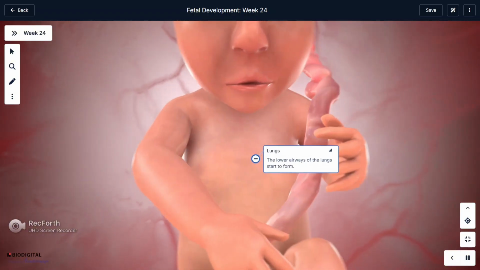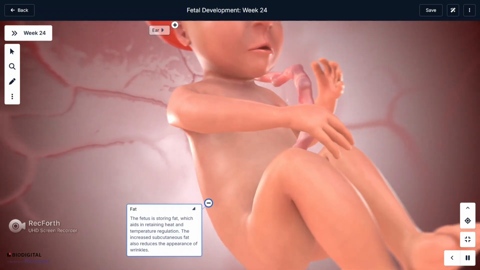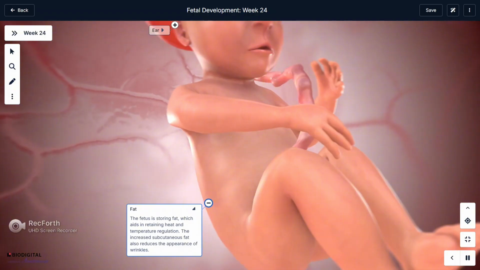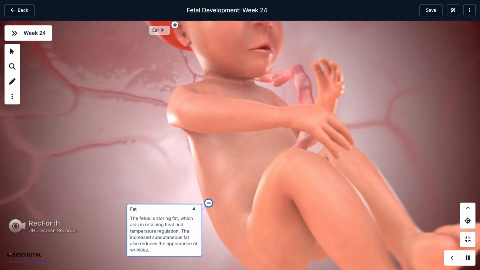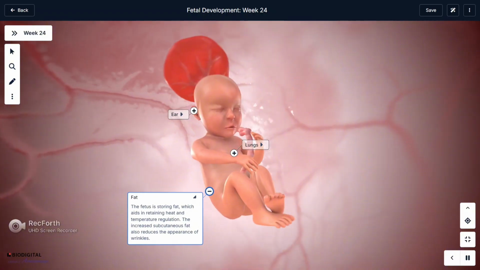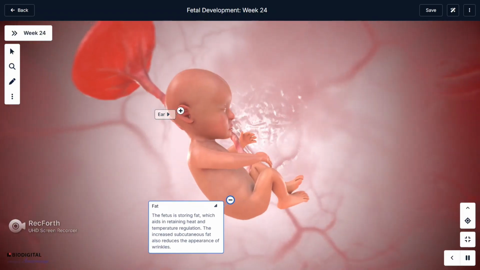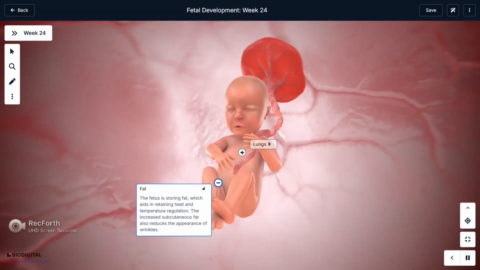The lower airways of the lungs start to form. The fetus is storing fat, which aids in retaining heat and temperature regulation. The increased subcutaneous fat also reduces the appearance of wrinkles. So this is now the development of a fetus by week 24.